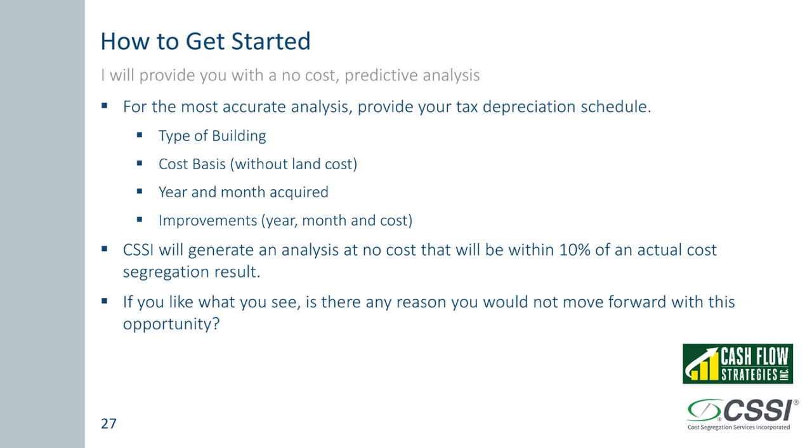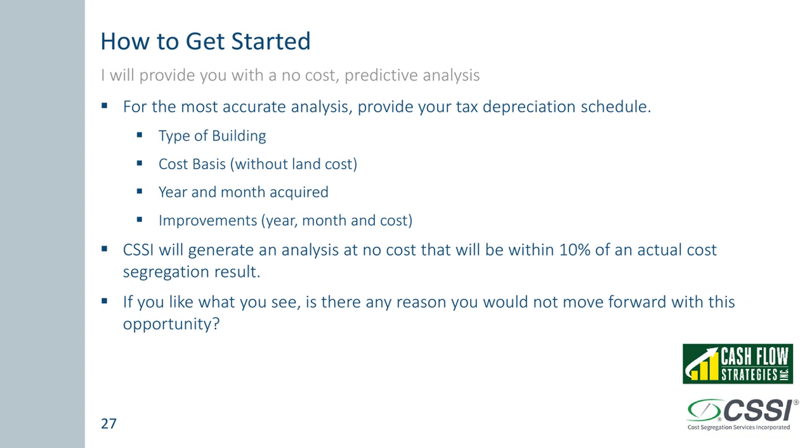I can tell you, it says it will be within 10% of the actual cost segregation result. Unfortunately, that's not always true. I just had one where, when we did the estimate against the actual study, there was 50% more tax savings on the actual study than there was on the estimate. They like to promise low, deliver high, because it makes us look good, it makes you look good.